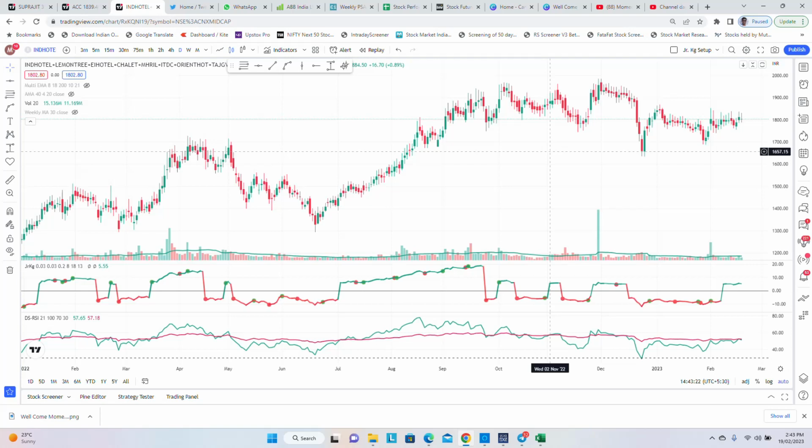So in this video I am going to show you how to create this customized index in TradingView, and you can save it, keep referring to it based on the movement of the market, and analyze your sector. Basically, this customized index gives you an edge well before the actual movement of the stocks starts in that sector.